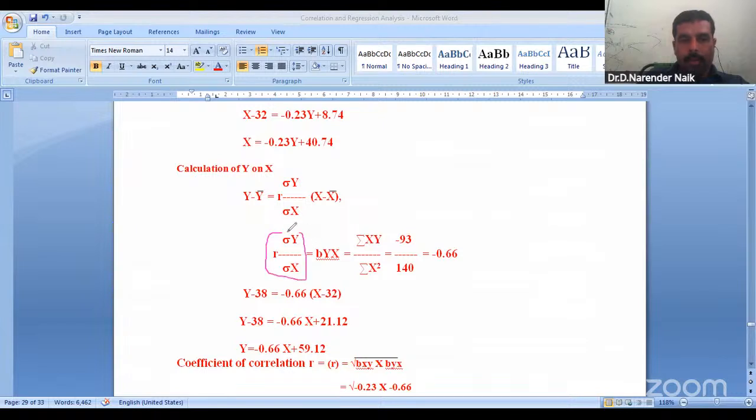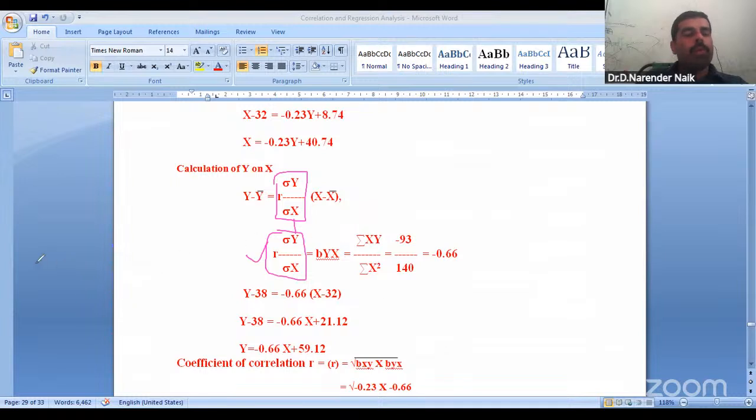Here r into standard deviation y divided by standard deviation x is written as byx. Again, byx is also written as sigma xy divided by sigma x square, which is minus 93 divided by 140. That is minus 0.66.